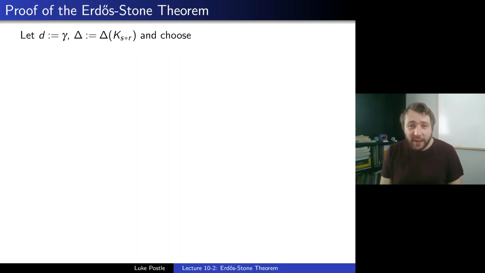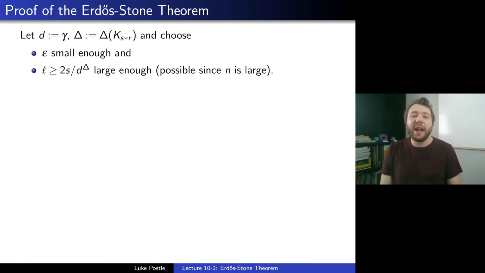And then the other thing we have to do is choose epsilons and L's. So we want to make a regularity graph. I won't get into the details again, you can read the notes, but the key is basically you just choose epsilon small enough. As long as you choose it really small, satisfying some inequalities, that will be fine. And then you need to also choose L to be large enough. Namely, we need it that L is at least 2s over d to the delta.